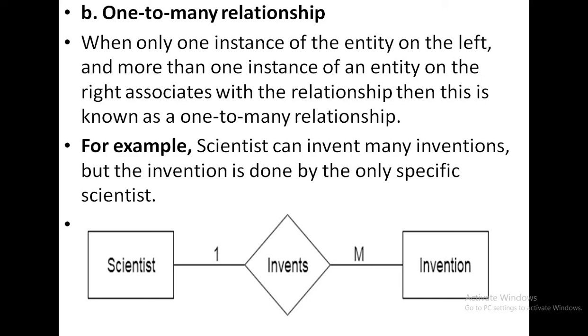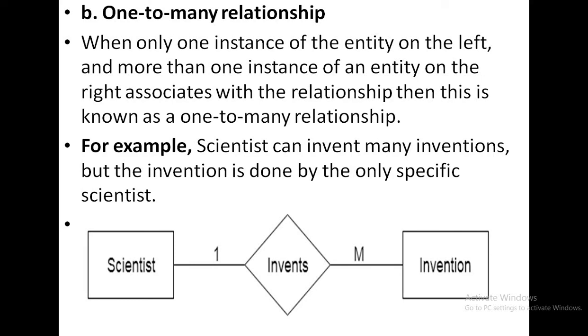So here, one entity is scientist, another entity is invention. A scientist invents different types of inventions, or we can say different inventions are invented by a specific scientist.